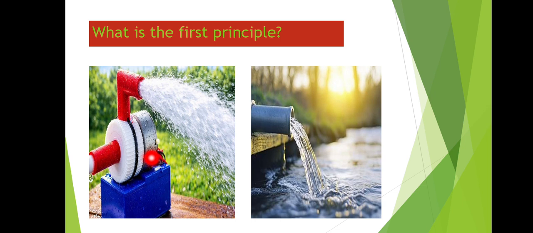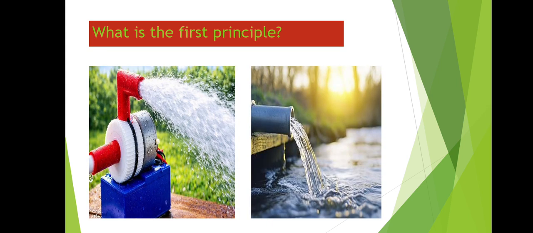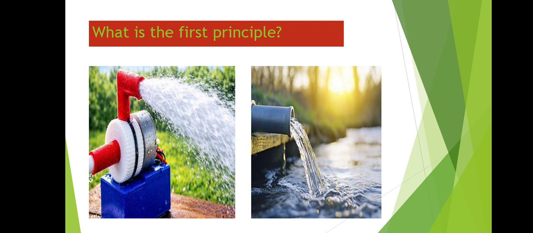The blood pressure, like the pressure of water, is going to be affected by a hose pipe, which is the first principle, and it can also be affected by the tap, which is going to be our second principle. First, let's try to understand the first principle.